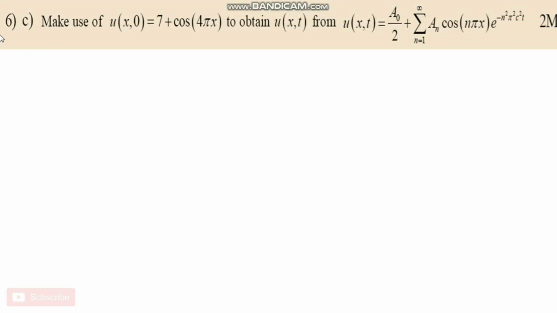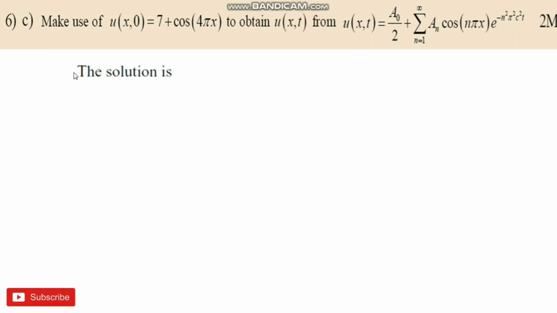Let us discuss sixth question C bit. Make use of the condition u x0 equals to 7 plus cos 4 pi x to obtain the temperature distribution u of xt. From this equation, u of xt equals to a naught by 2 plus the summation n varying from 1 to infinity an cosine of n pi x e power negative n square pi square c square t.